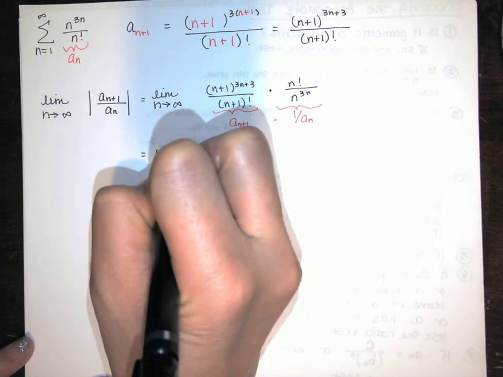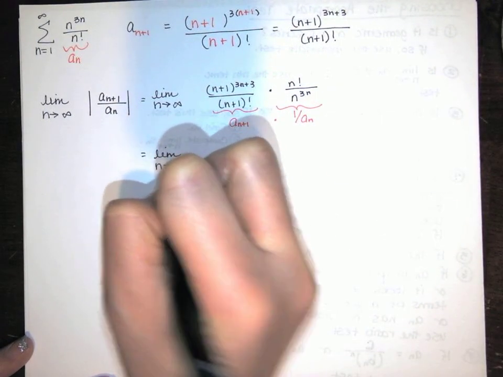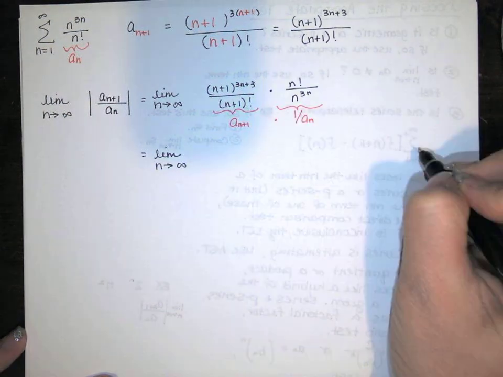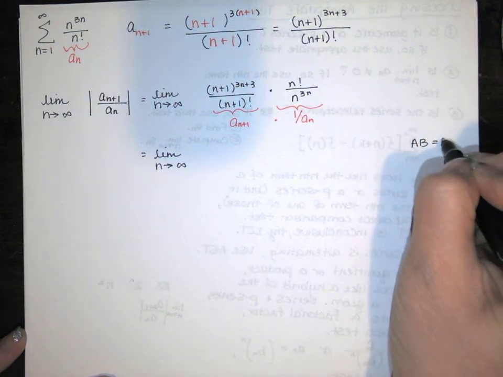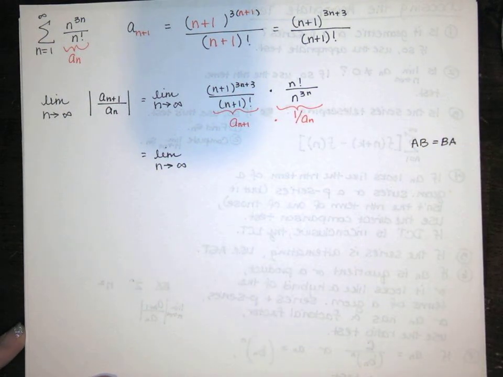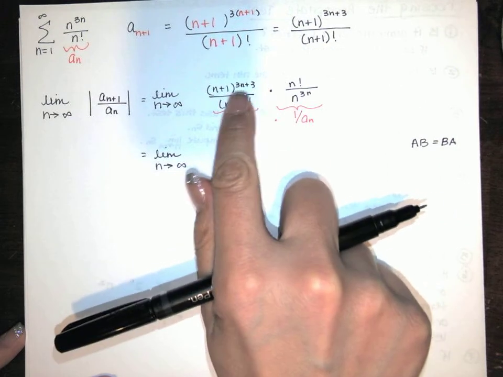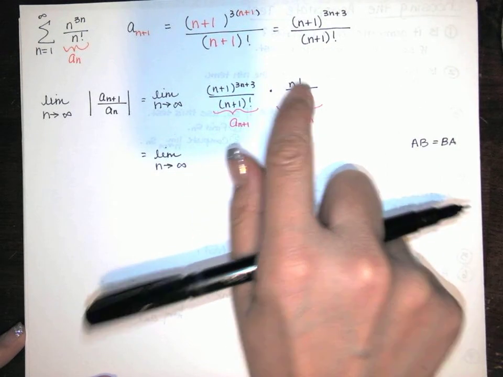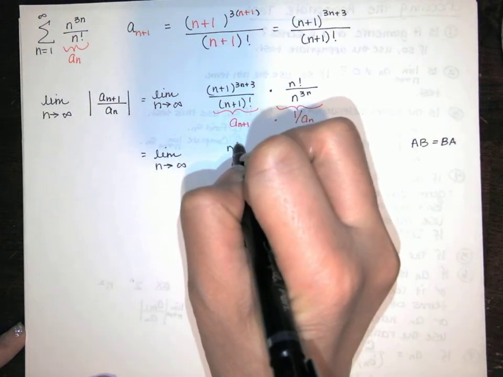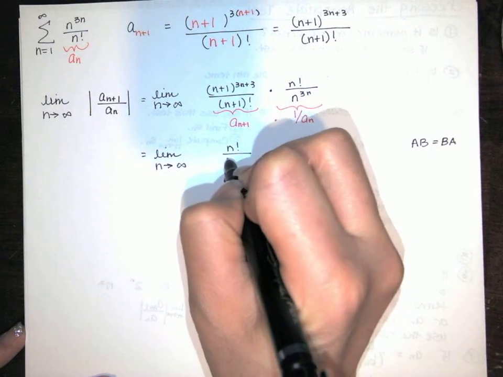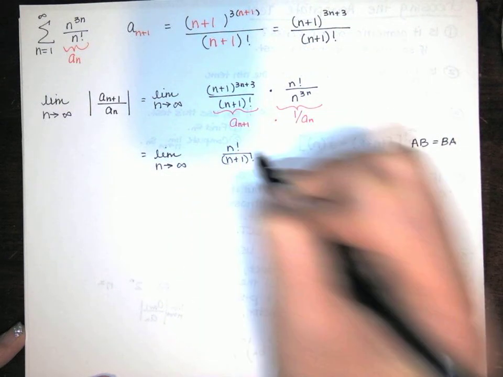And then we want to regroup using the commutativity of multiplication. We can multiply in any order we want. So instead of this times this, I can write it as that times that. I'll put the n factorial first, and I'll put it over the n plus 1 factorial.